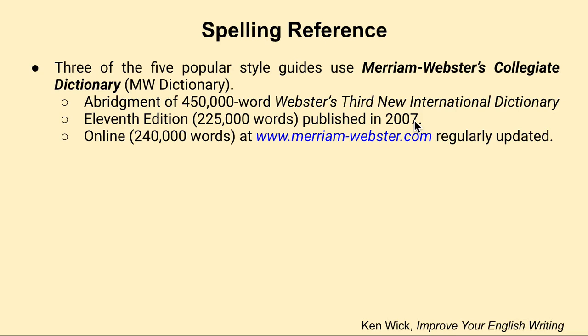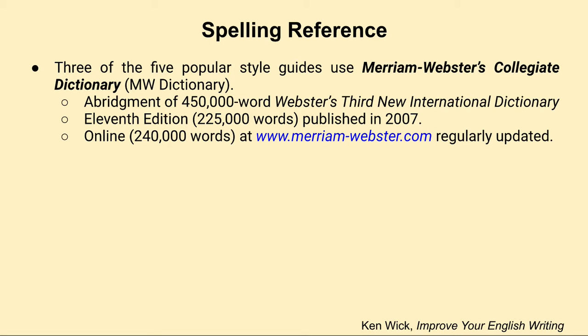It probably has more information in there about each item. But the Collegiate Dictionary is actually available for free online. So an online 240,000 word edition is available at merriam-webster.com, and it is regularly updated. That's the good news, is that this hardcover edition hasn't been updated since 2007.